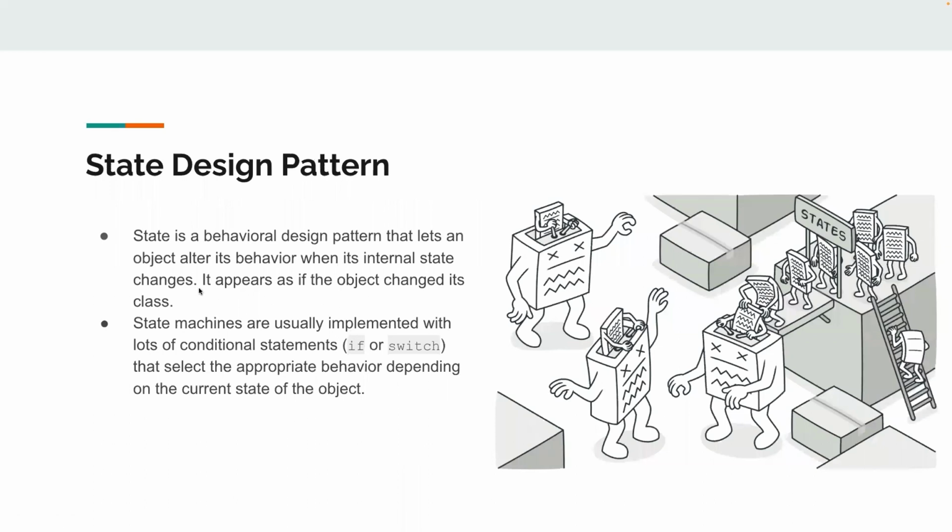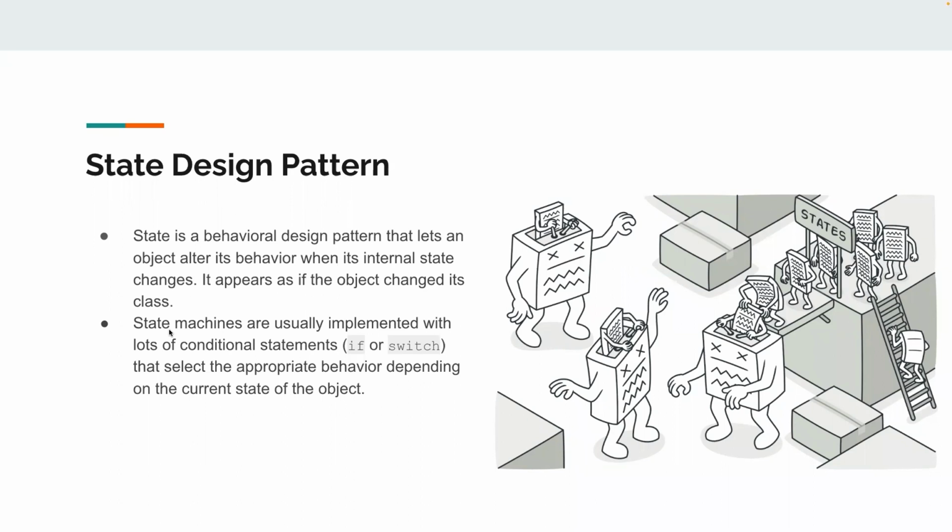We'll talk about two design patterns here. First is the state design pattern. The state design pattern is used when the behavior of an object is altered as its internal state changes, so it appears as if the object is changing its class. Basically, there will be a base class, and the subclasses of this base class will have different states, and it will seem that the object is changing its class.